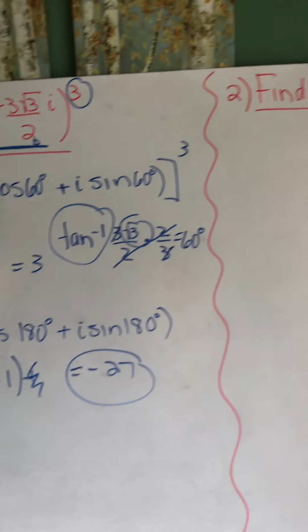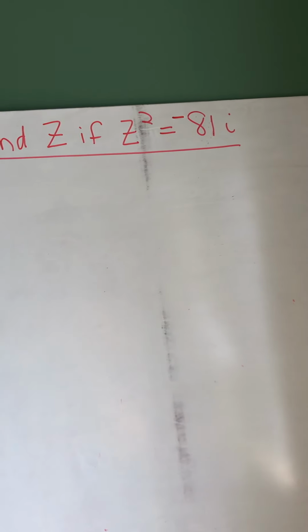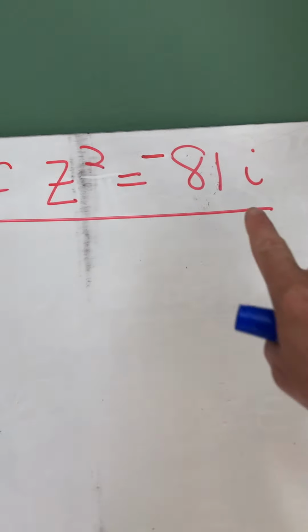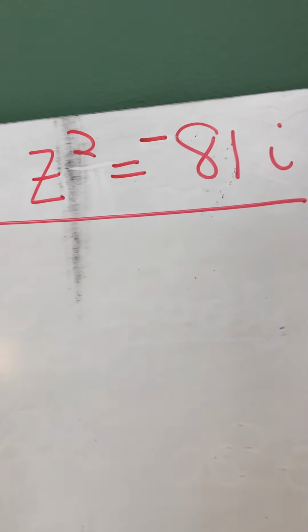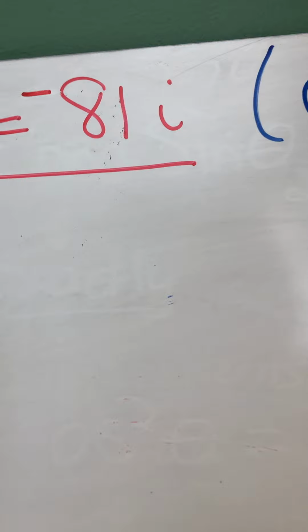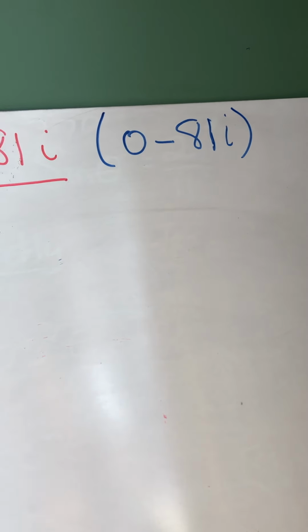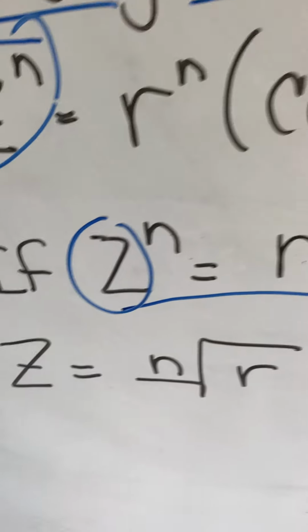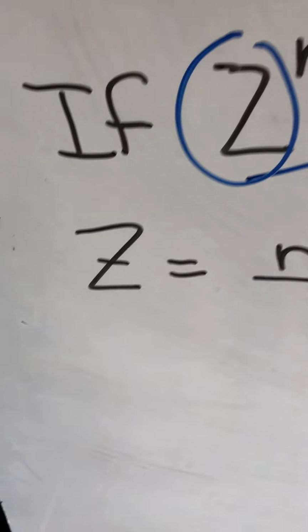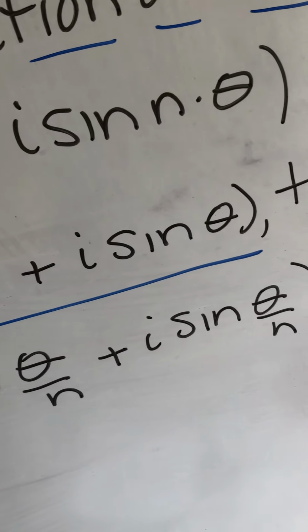Okay, next, let's find Z if Z squared equals -81i. Notice that the -81i in rectangular form is 0 minus 81i. Now, if we are trying to solve for Z to some power, we need polar form.